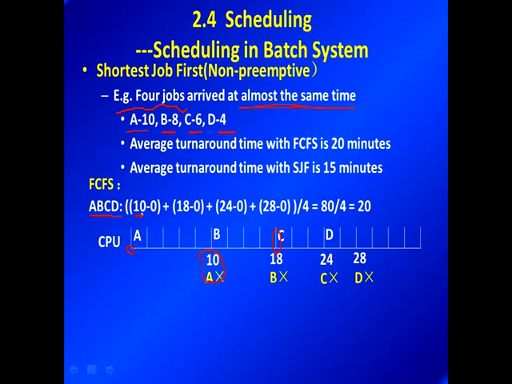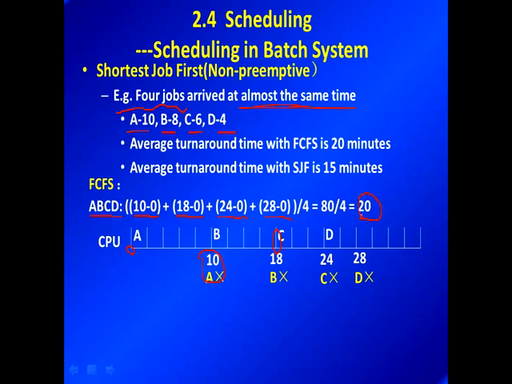The turnaround time for A is 10, and for B is 18, right? 18 minus 1. The turnaround time for C is 24, and for D is 28. So you can get the average value, which should be 20 minutes.